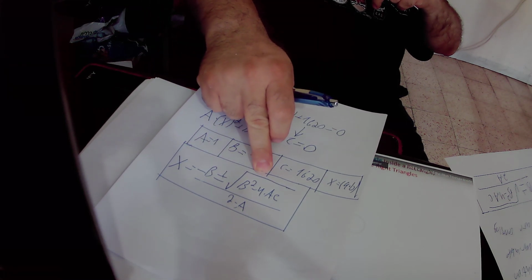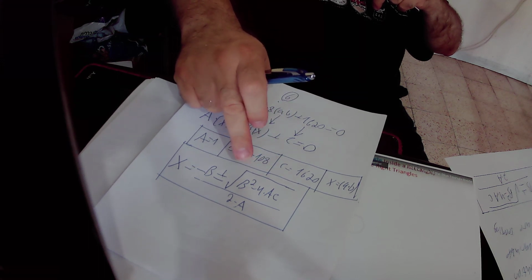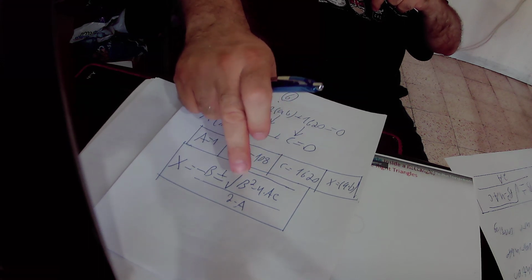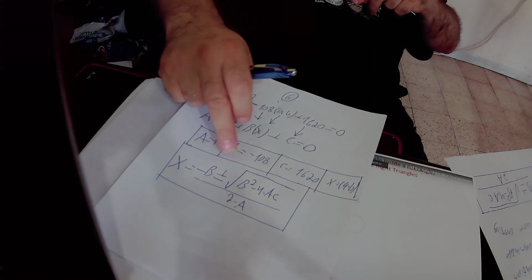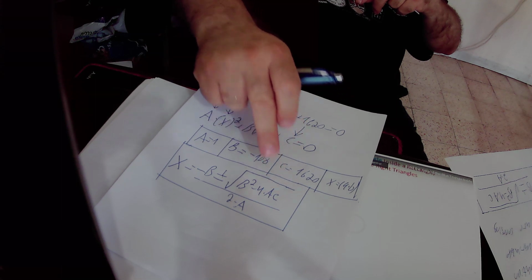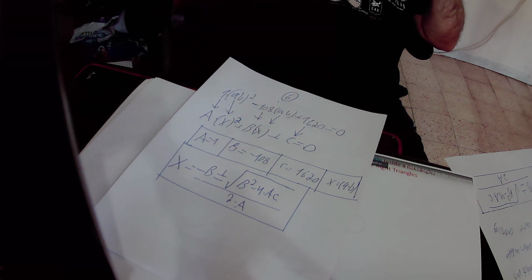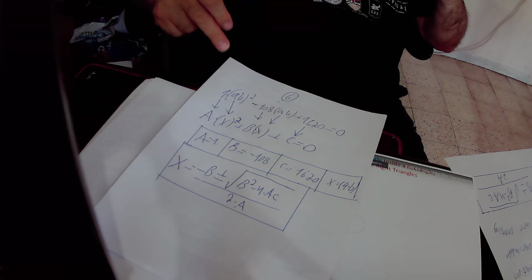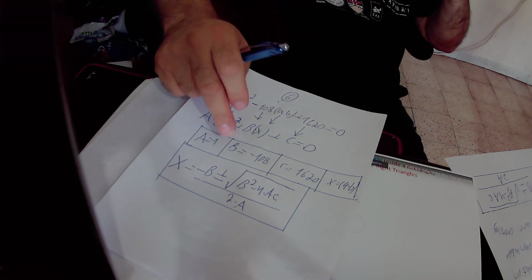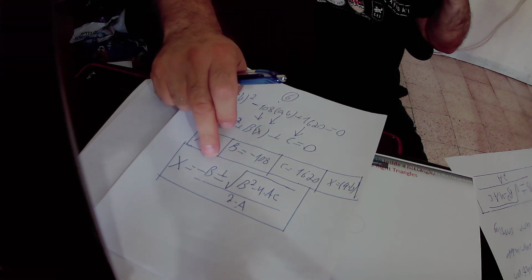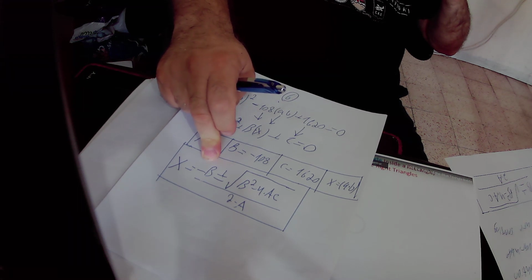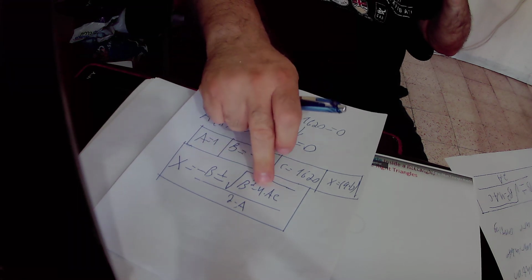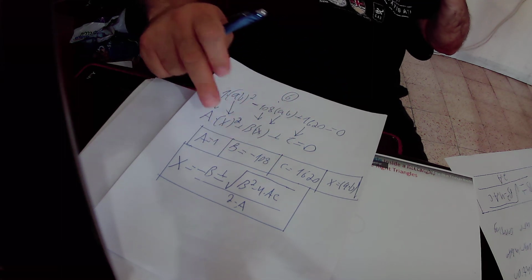So when we add b to the root of this expression, we will get one solution for x, and another solution for x will be when we do the b minus the root of this expression divided by 2a.